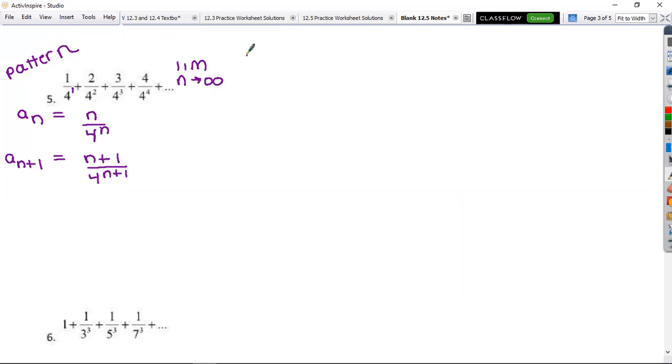And again, I want to do the formula, which is a sub n plus 1 divided by a sub n. I'll write it because I have a little bit more space now. So this is equal to n plus 1 over 4 raised to the n plus 1, all over n over 4 to the n.